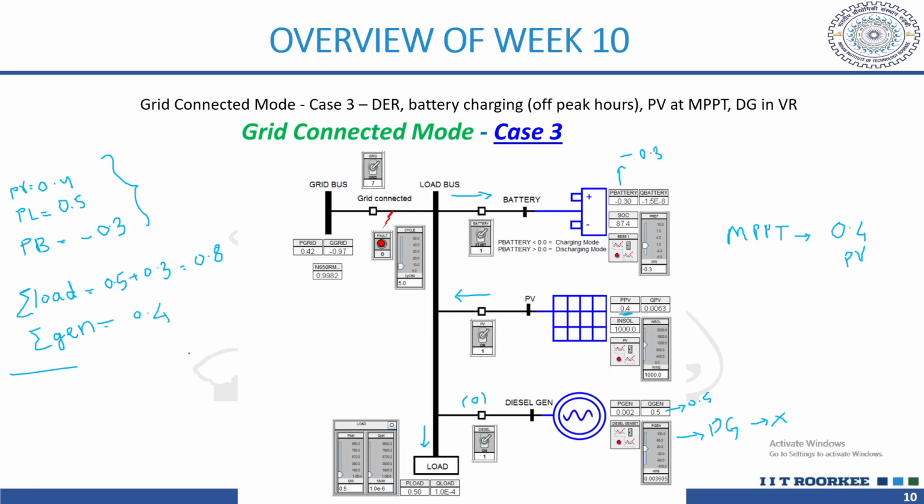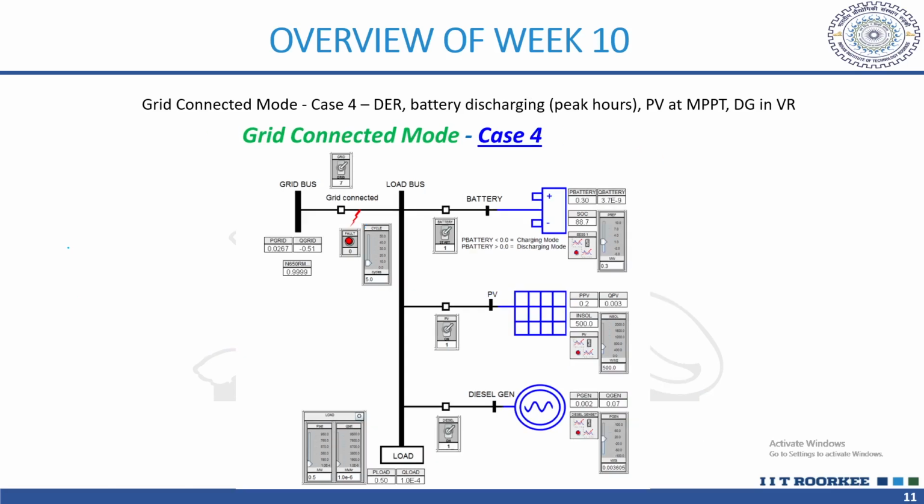So roughly the grid has to supply the remaining 0.4. Here you can see 0.42 is being injected by the grid. One thing worth noting is that although we are not taking P support in grid connected mode, we are taking the Q support to maintain the voltage at this AC bus basically.